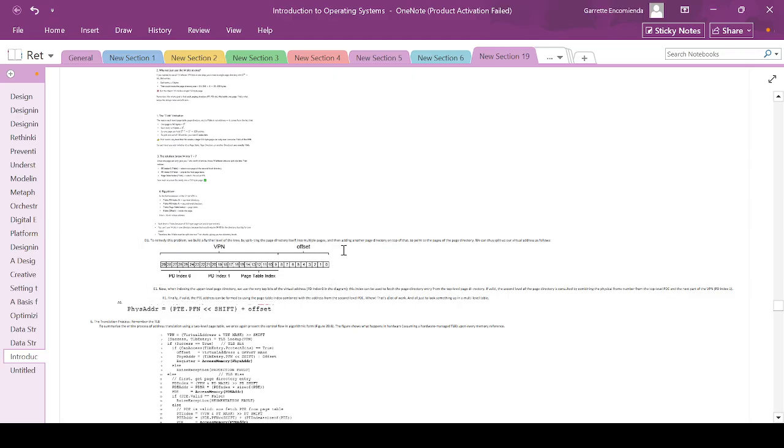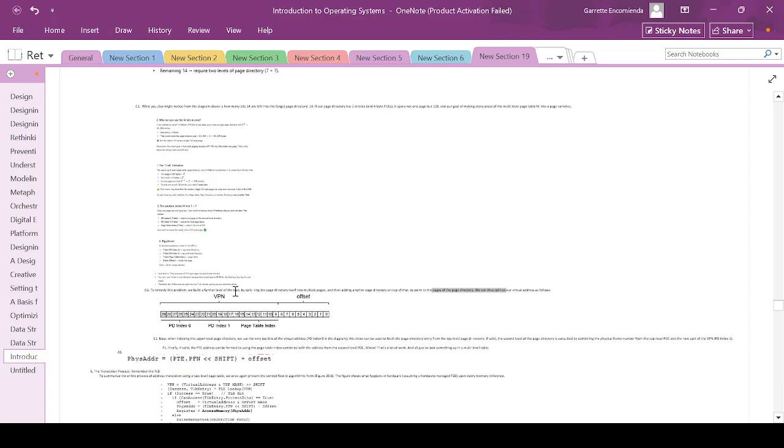By splitting the page directory itself into multiple pages, and then adding another page directory on top to point to the pages of the page directory, we can split up our virtual address as follows: PD index 0, PD index 1, page table index.